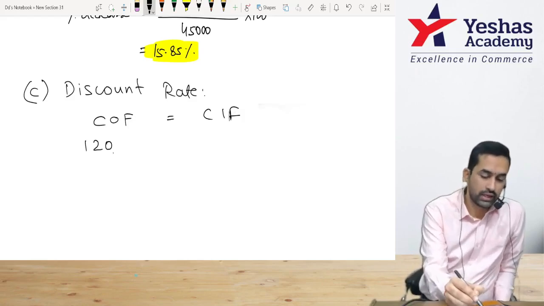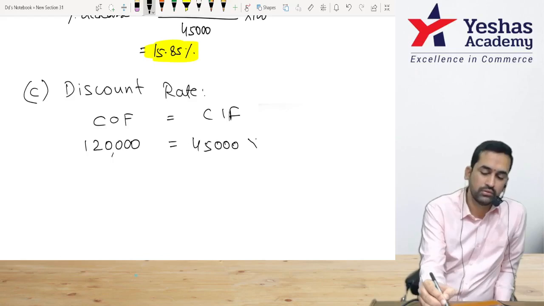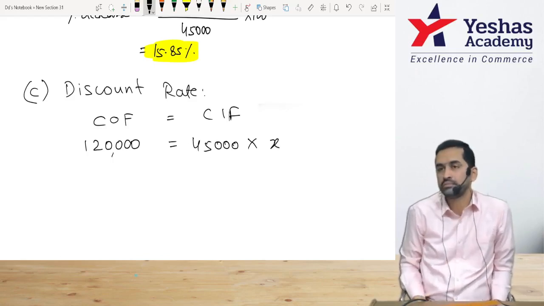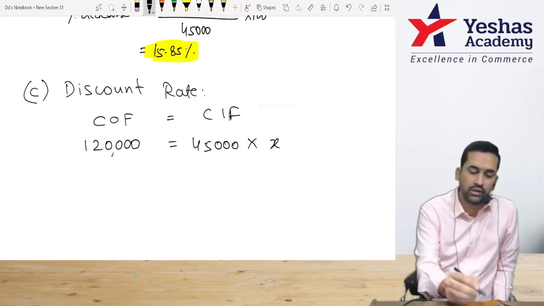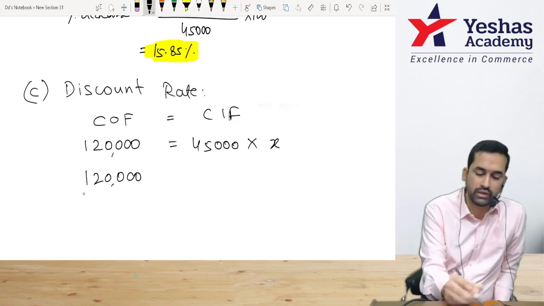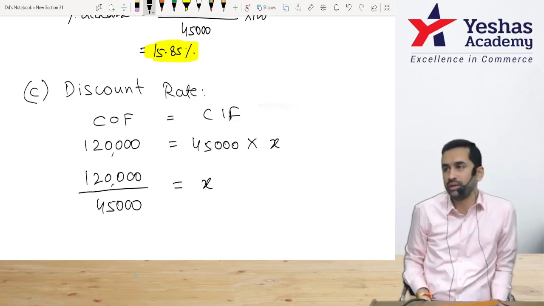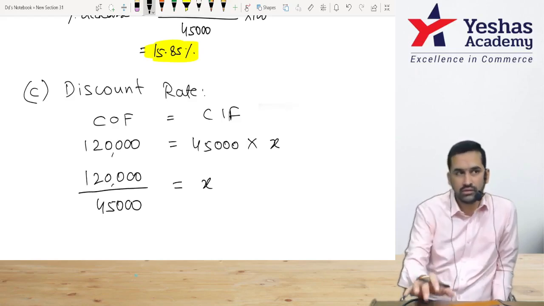Outflow 1,20,000. This is 45,000. Now this summation will be X. This is summation for 4 years. Correct? This will be 1,20,000 divided by 45,000. This answer you won't get easily. Correct?